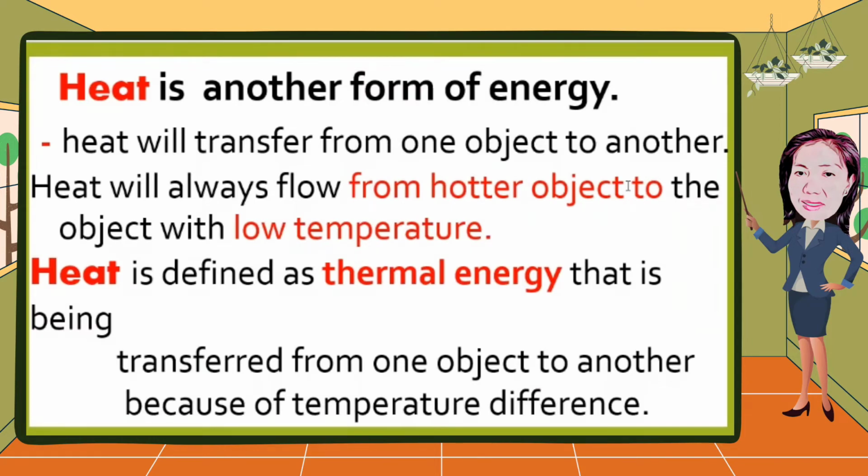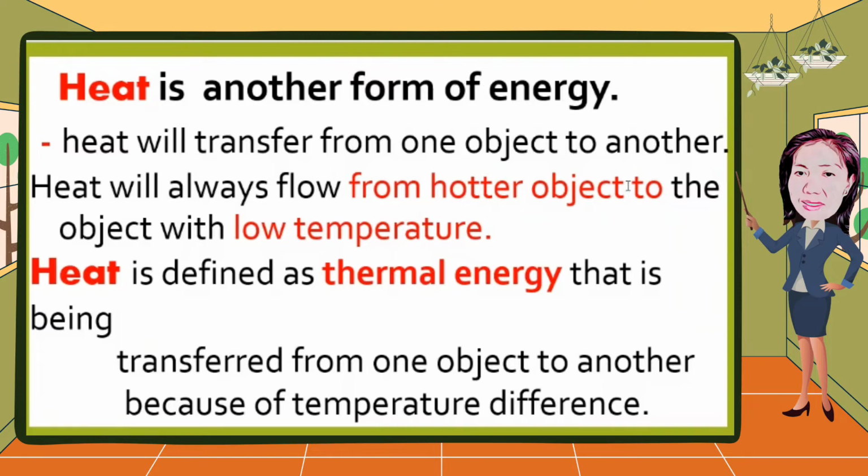So we can say that heat is an energy in transit. Transit means heat will transfer from one object to another. It will not stay in one object. And the flow of heat is from the hotter object to the object with very low temperature. So take note of this.